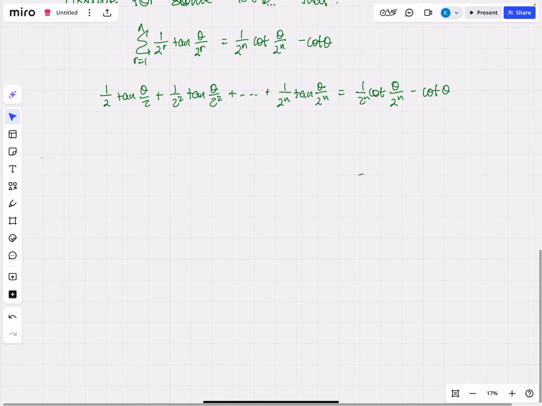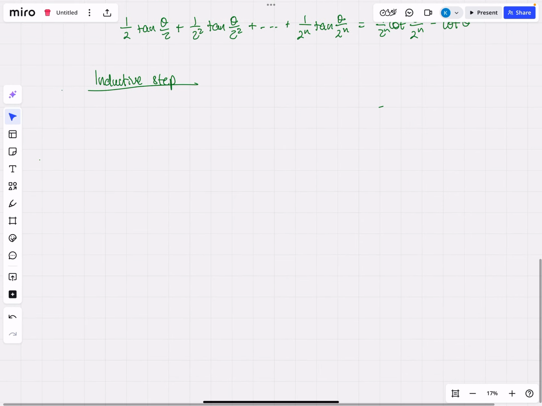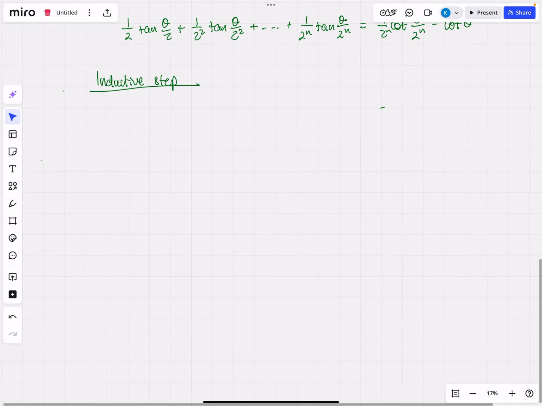Okay, that's essentially what that statement is saying there. And we're going to use that assumption in our inductive step. So inductive step, I believe you can say inductive hypothesis. We're going to prove true for n equals k plus 1.